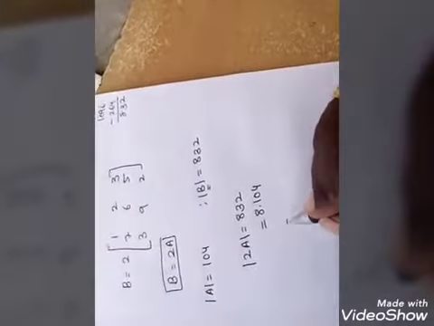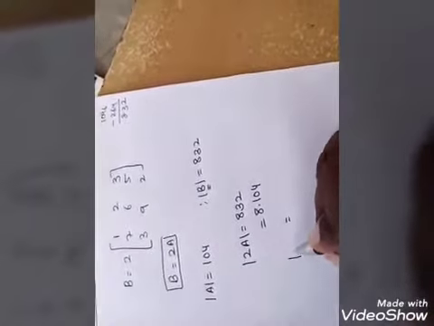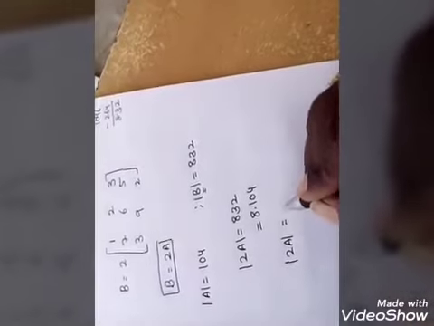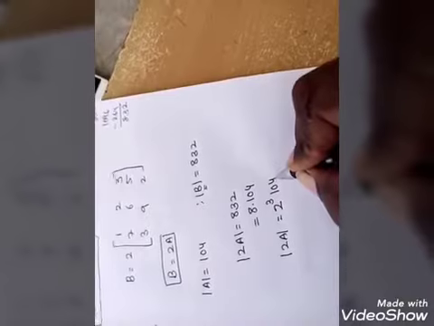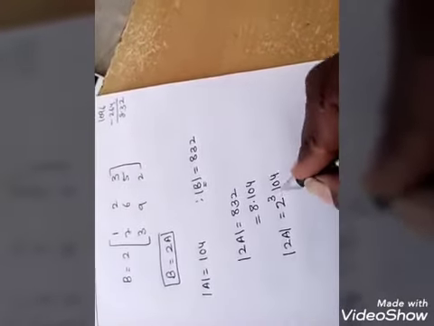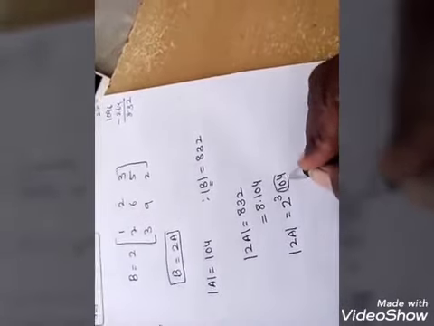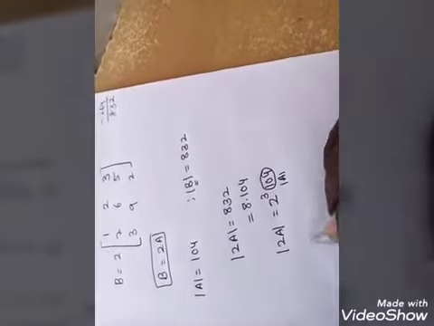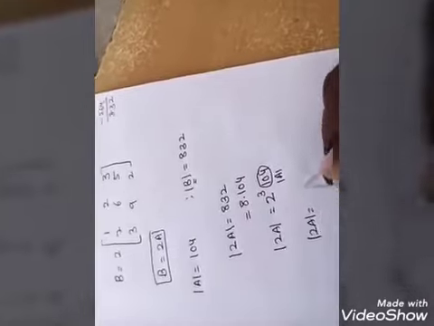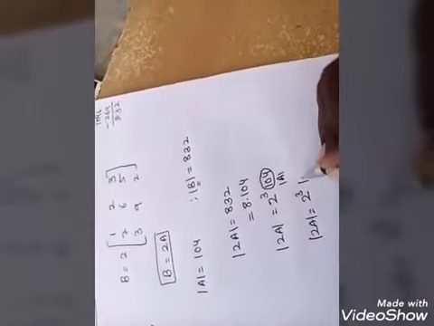That is, det of 2A is equal to 2 cube into 104. But instead of 104, what can you write here? That is det A. That is, det of 2A is equal to 2 cube into det A.